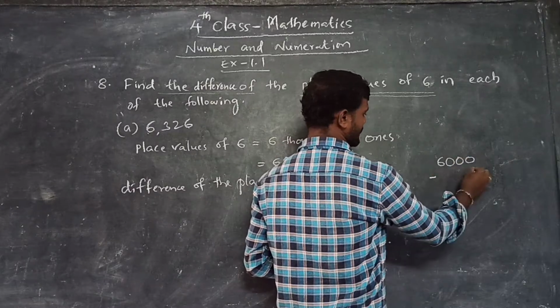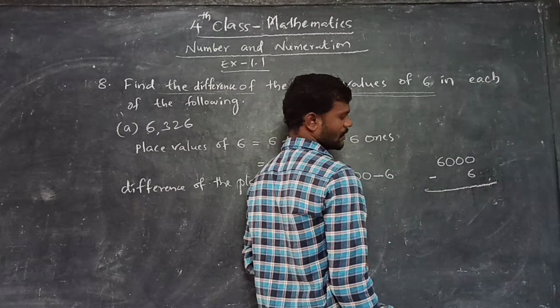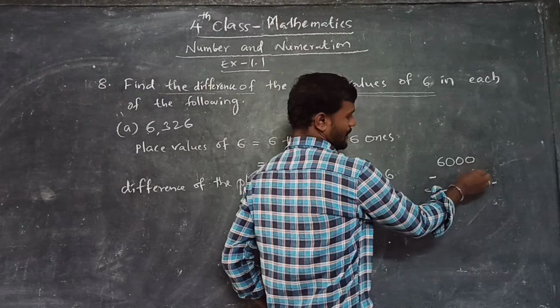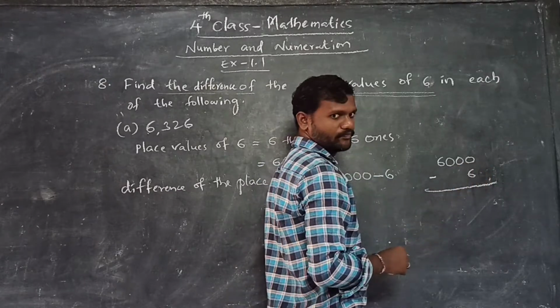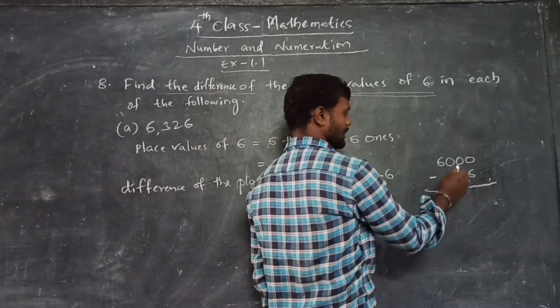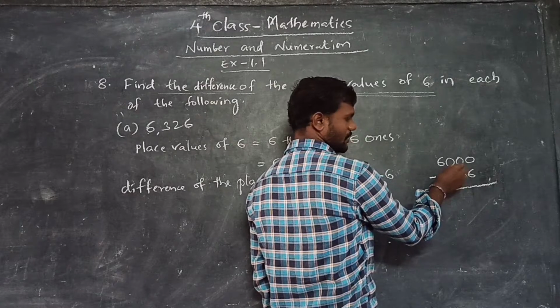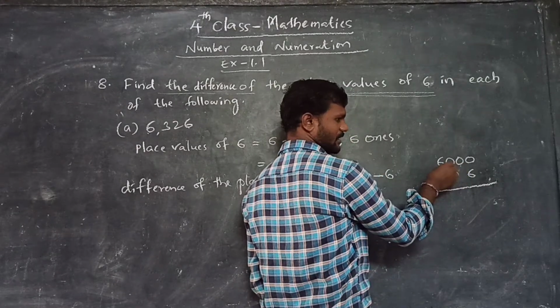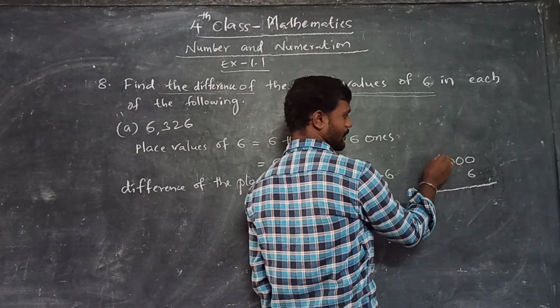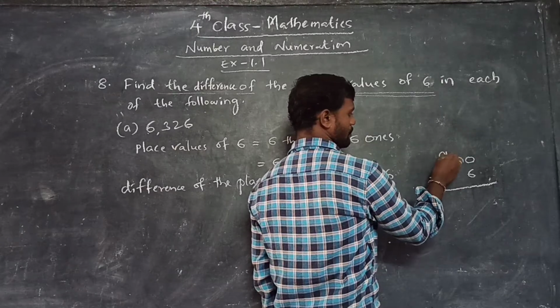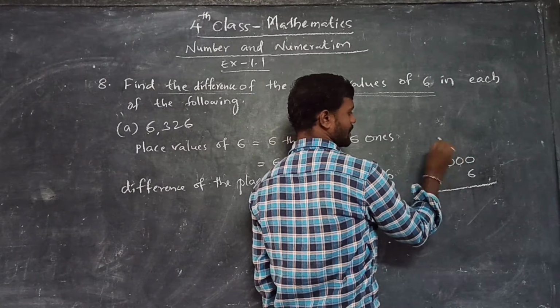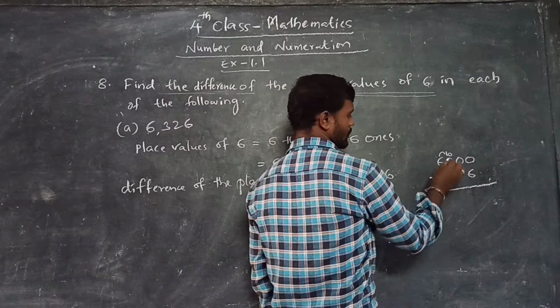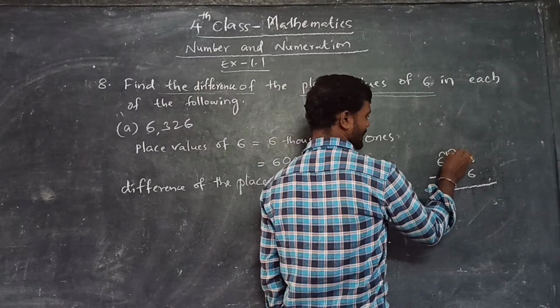6,000 minus 6. Okay. 0 minus 6 is not possible. So we have to borrow. But this number is also 0. We cannot borrow from this. From this also we cannot borrow. So start from this. Borrow 1. What will it become? 10. Now from this we are borrowing another one.